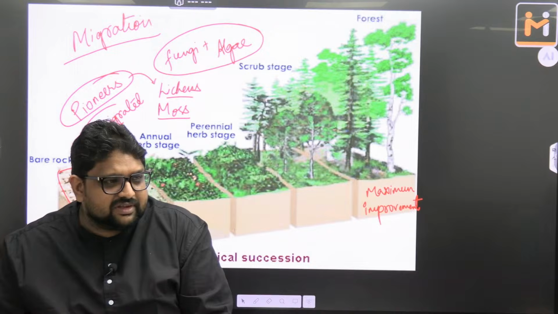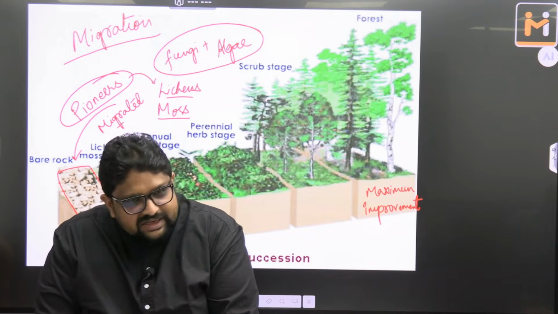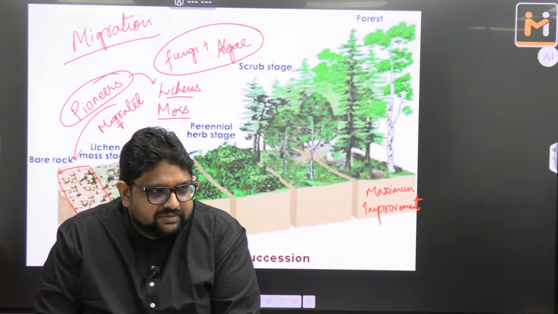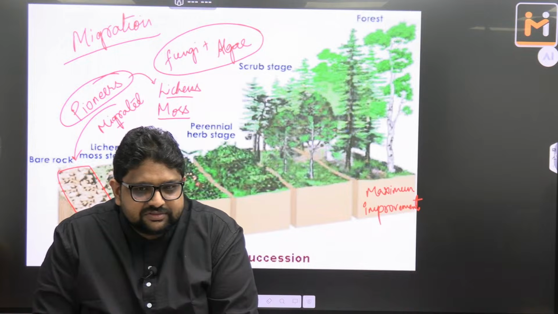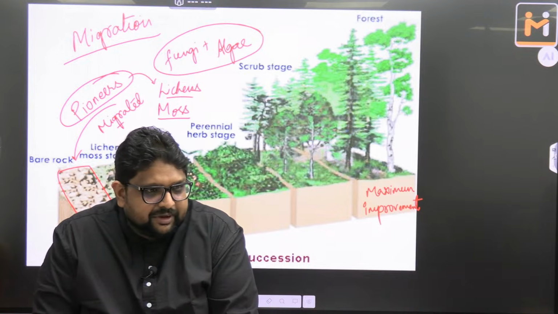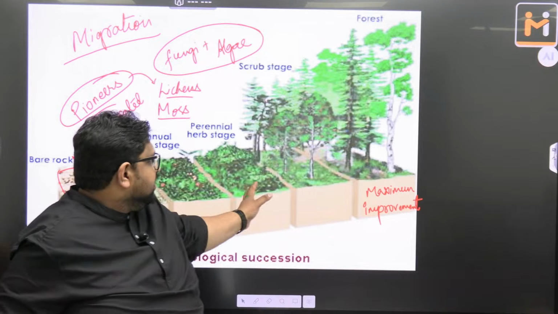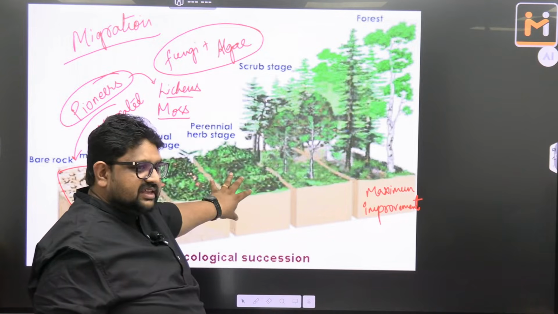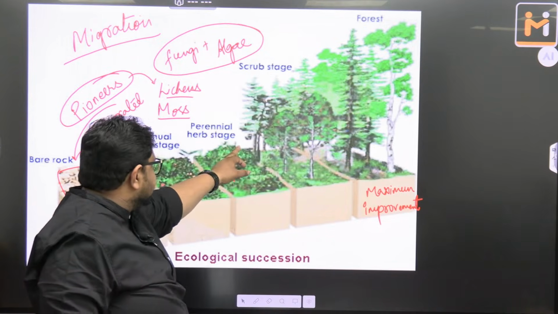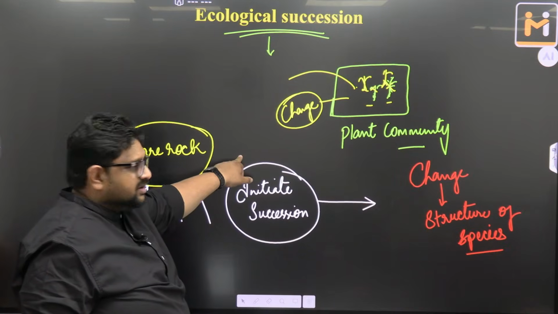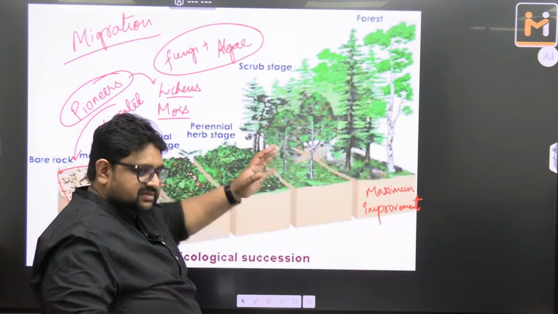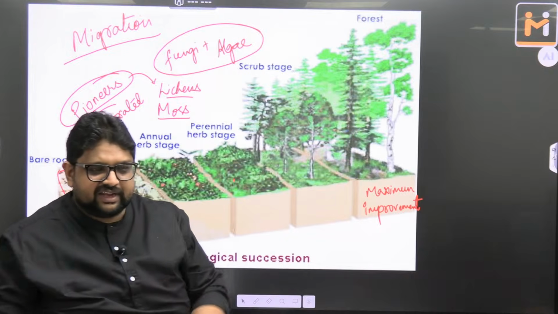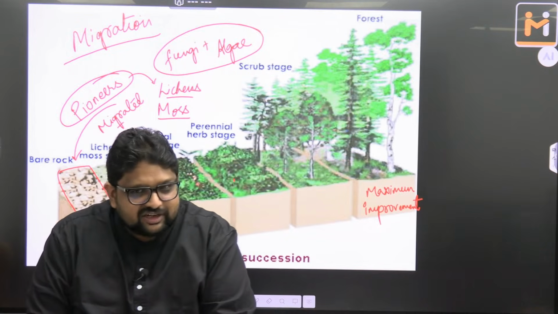So what they do is they'll come and establish. First they will sit there. If you take the pioneer community, some organism will migrate and come here. They will somehow get into that area. That process is called migration.